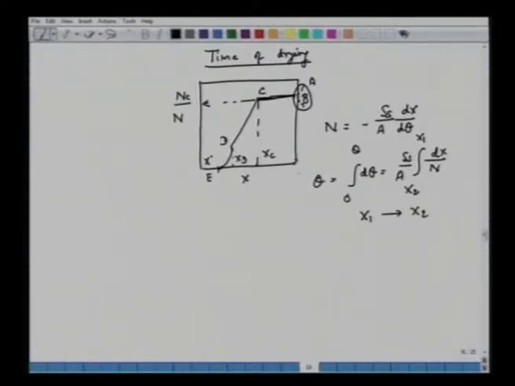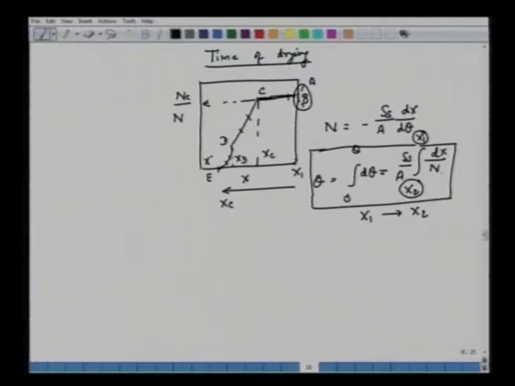Typically you can start from X1 here and go all the way till XE. But here X1 and X2 are any two quantities in between. Maybe they are on the linear falling region, maybe they are here, maybe X1 is here and X2 is all the way down here. So it's a very general expression for calculating the total time of drying, which is the integral of this quantity.